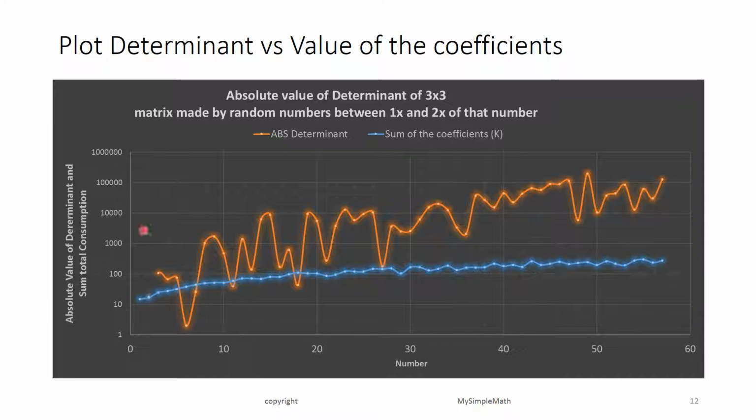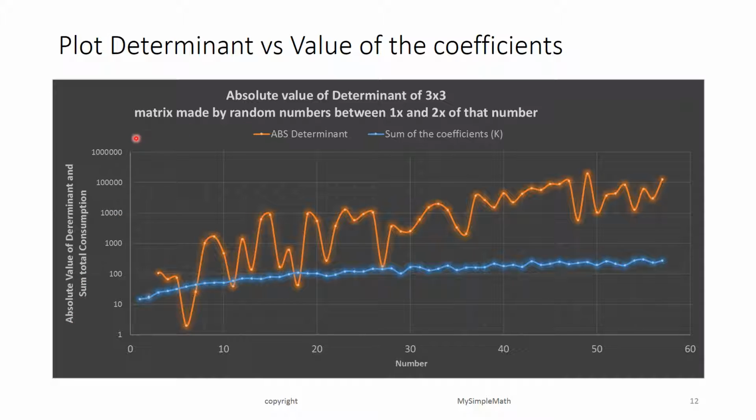So I plotted the absolute value of the determinant of the 3 by 3 matrix, which was shown earlier in the previous table, and it was made by random numbers between 1x and 2x of that number, say between the consumption A and consumption 2A, or double of that consumption. So I took the random values and I plotted them here.